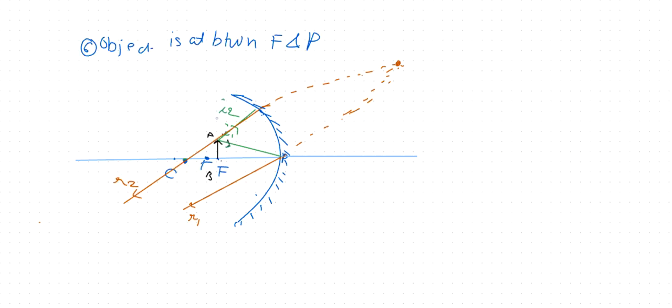Let me do it again. So let me make a mirror. Okay. This is the back side. And let me make principal axis. So this is the principal axis. Okay.